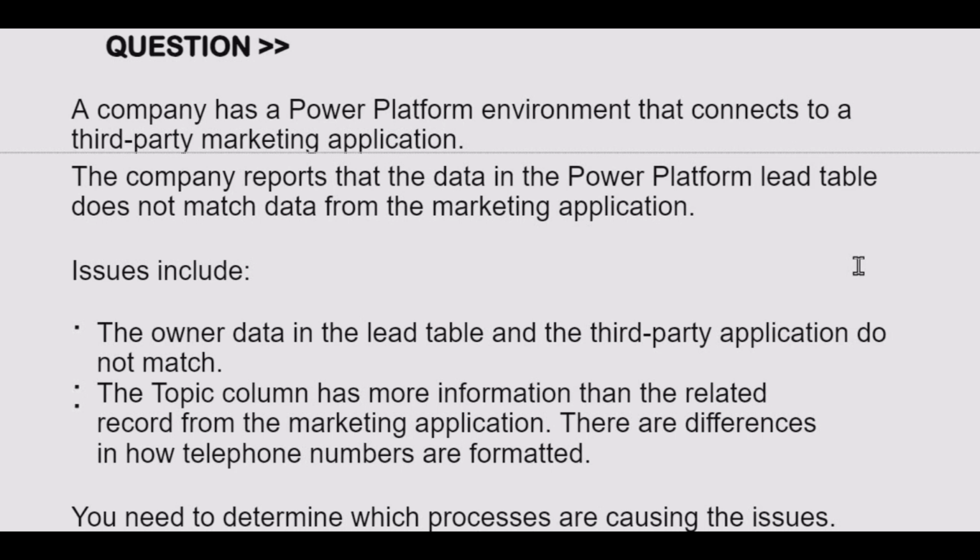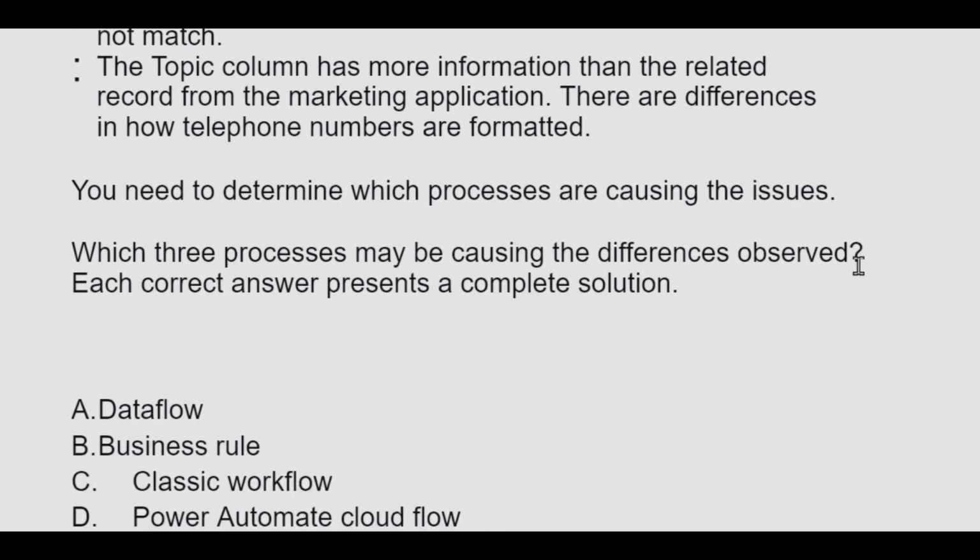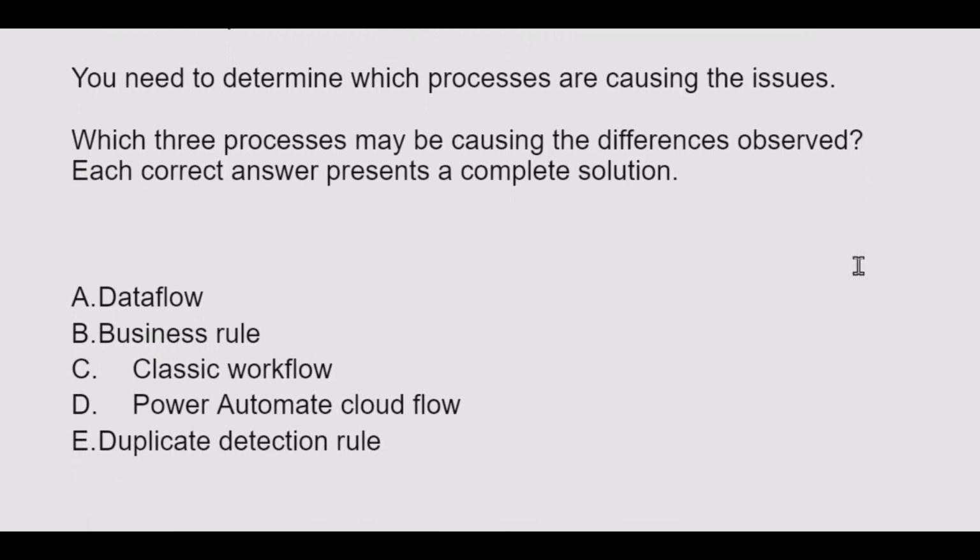There are differences in how telephone numbers are formatted. You need to determine which processes are causing the issues. Which three processes may be causing the differences observed? Each correct answer presents a complete solution. The options are: option A, dataflow; option B, business rule; option C, classic workflow; option D, Power Automate cloud flow; option E, duplicate detection rule. The correct answers are option A, B and C.